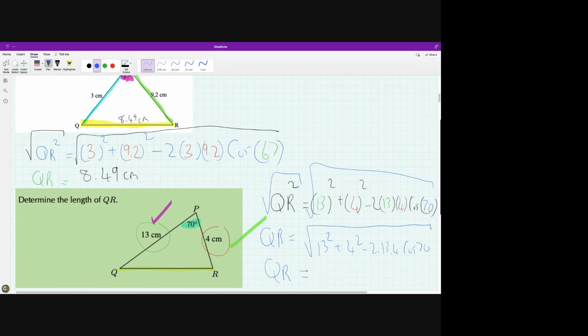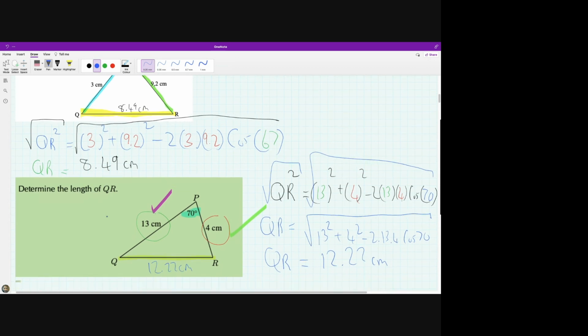So I take out my calculator, I hit the square root button. I go 13 squared plus 4 squared, using the square button, minus 2 times 13 times 4 times cos of 70. Close the bracket, hit equals. And I am getting 12.22 centimeters, which means that is this one over here.